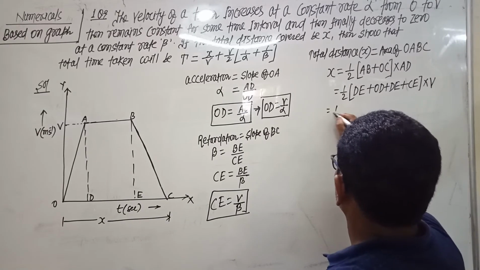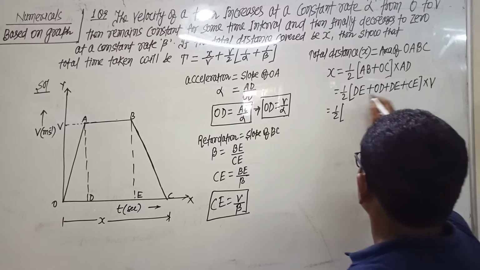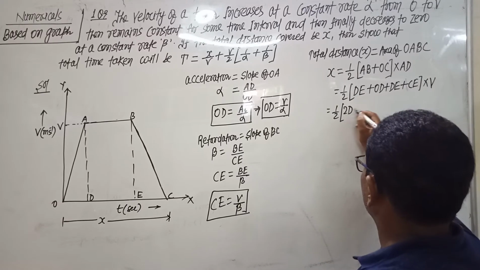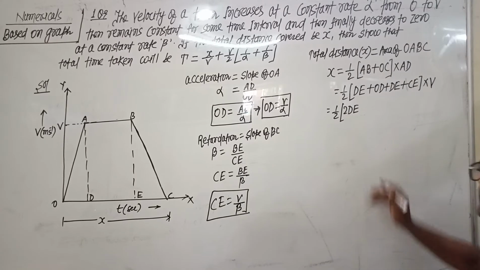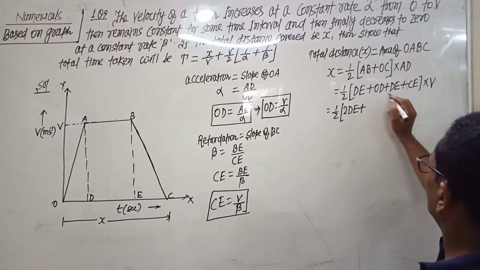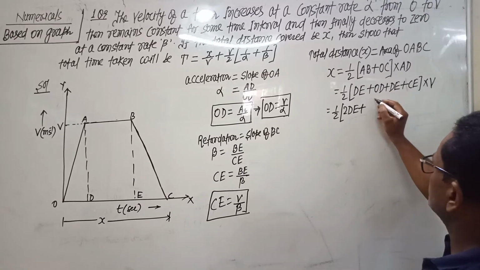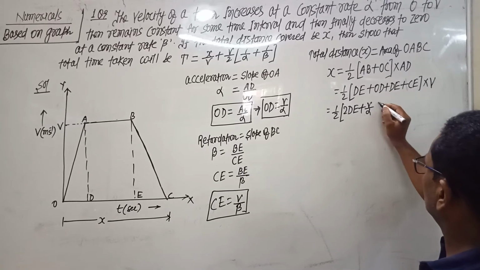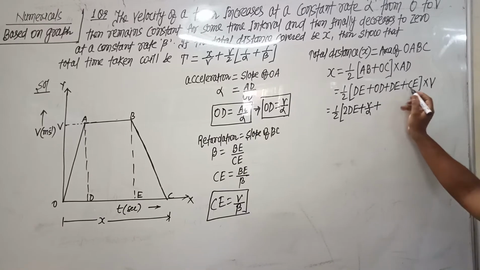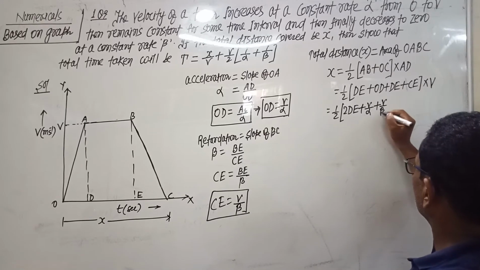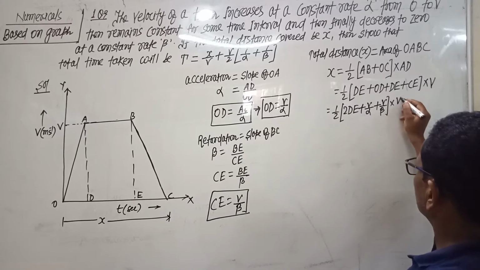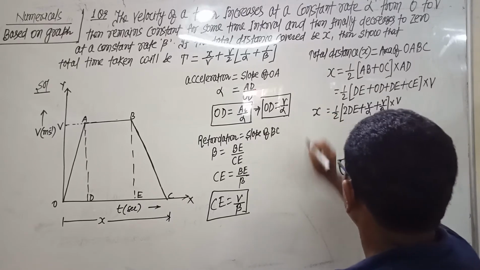So this is 1 by 2 into DE plus DE, twice of DE, plus OD as v by alpha, and CE as v by beta, into v, and this is x.